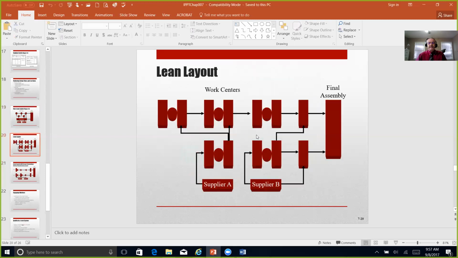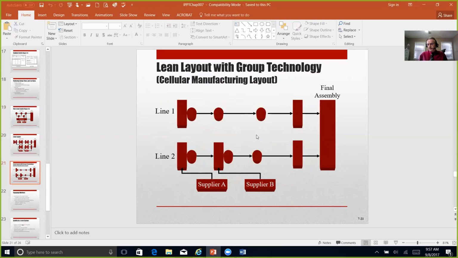But by using these concepts, we hopefully will increase efficiency and make ourselves more effective and productive as we use this type of lean thinking as we lay out our manufacturing plant.